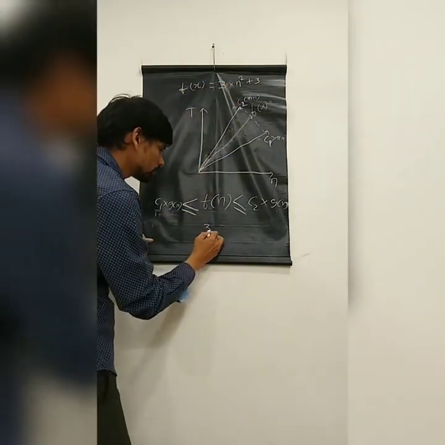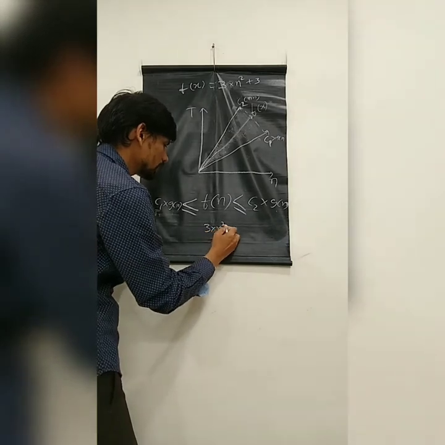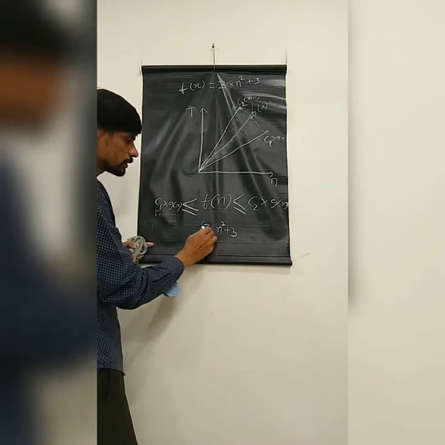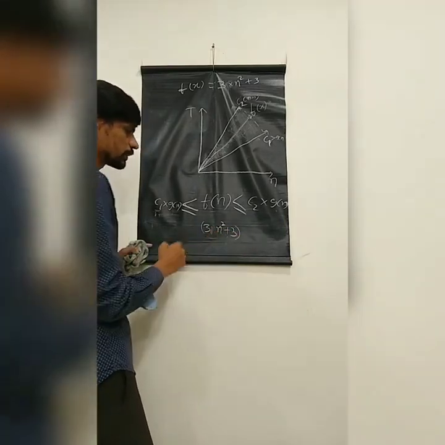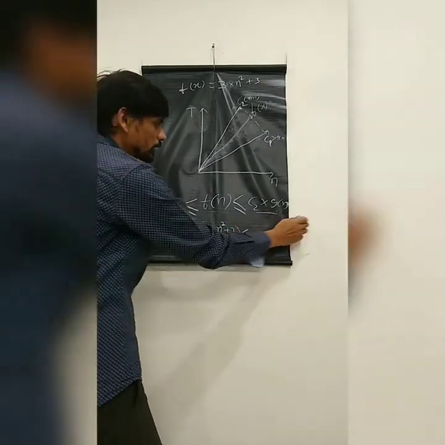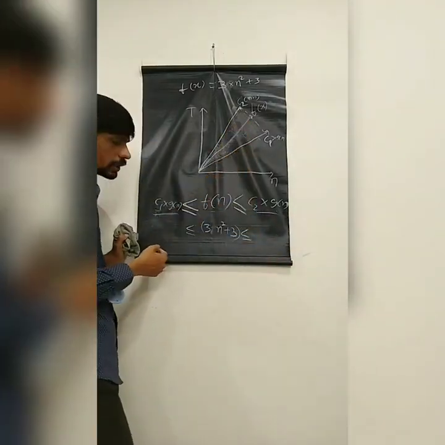So what is my f of x? 3 multiplied by n square plus 3. This is my f of x. So I need to find this class and this class so that it will provide me a boundary.